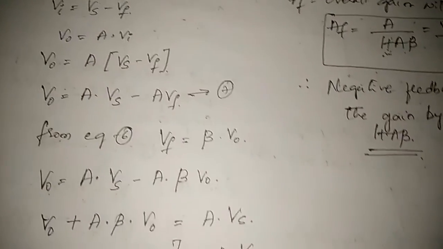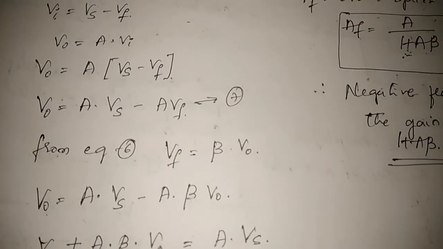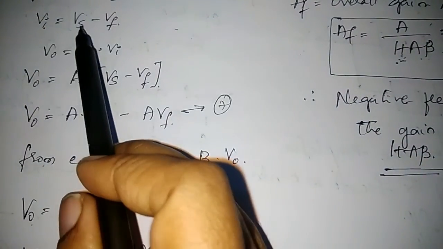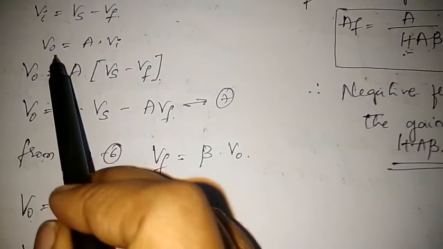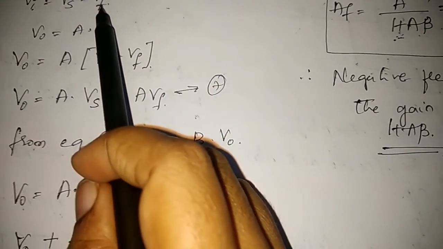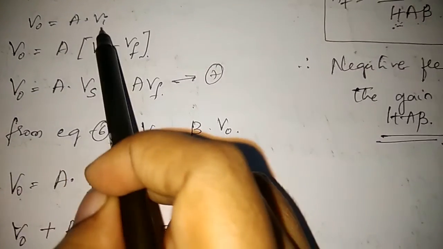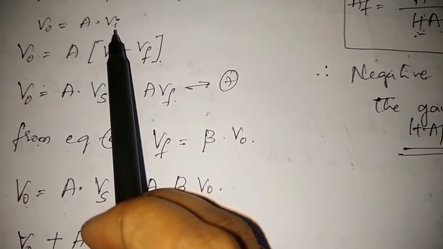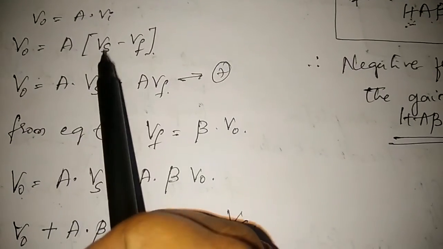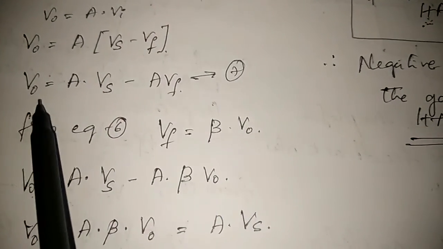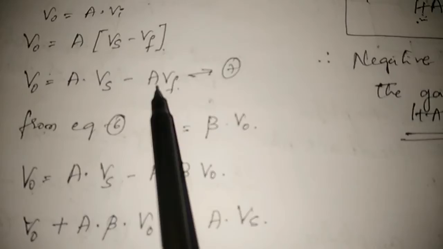You can observe I'm substituting equation 4 in equation 3. Equation 4 is Vi is equal to Vs minus Vf. So substituting this in the equation V naught is equal to A into Vi, after substitution I'll get A into Vs minus Vf. So V naught will be equal to A into Vs minus A into Vf.